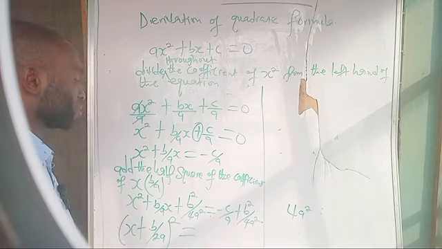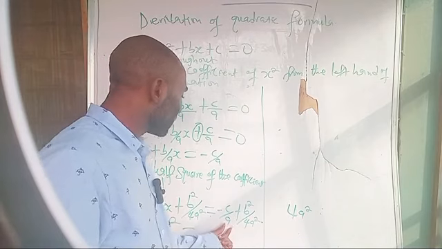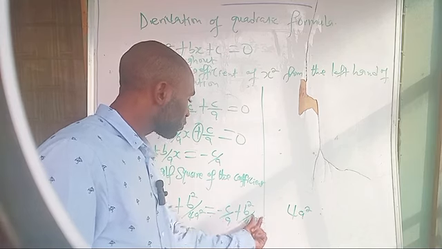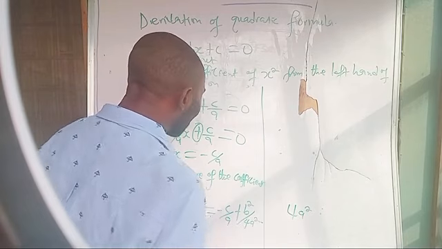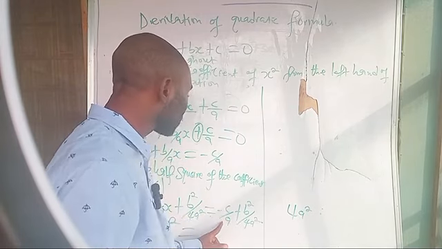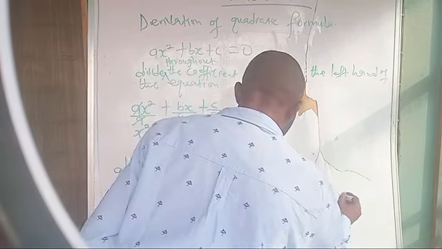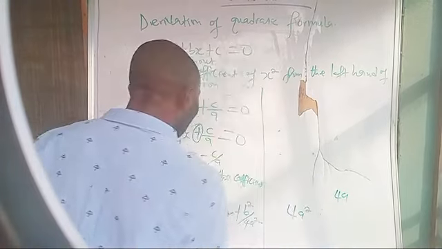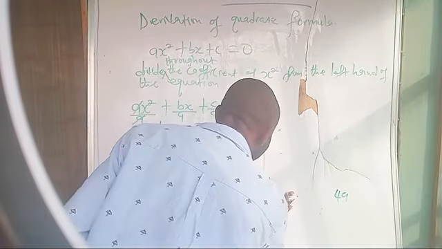In finding the LCM, you make the other side have 4a squared as well. So you are going to multiply both the numerator and denominator by 4a.